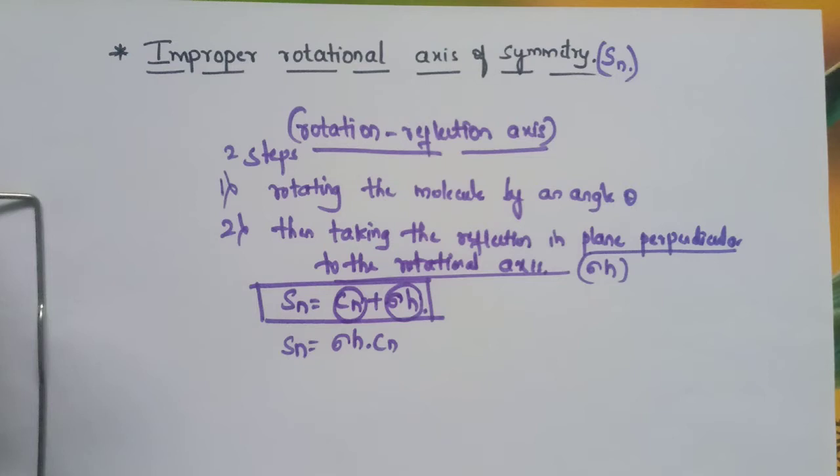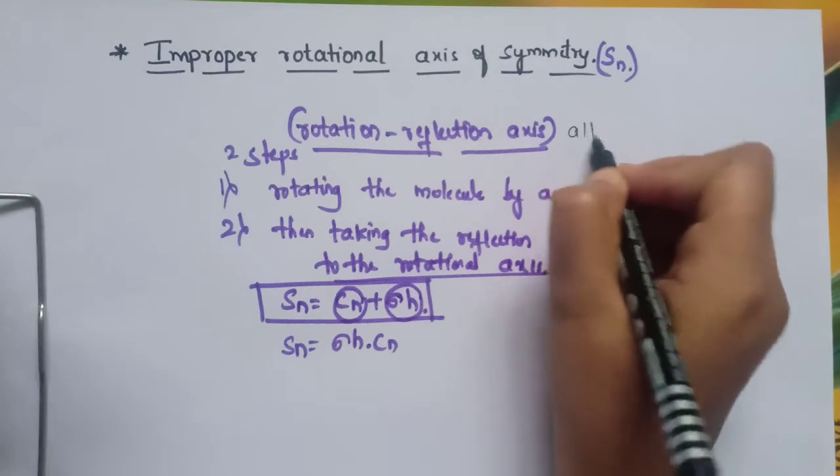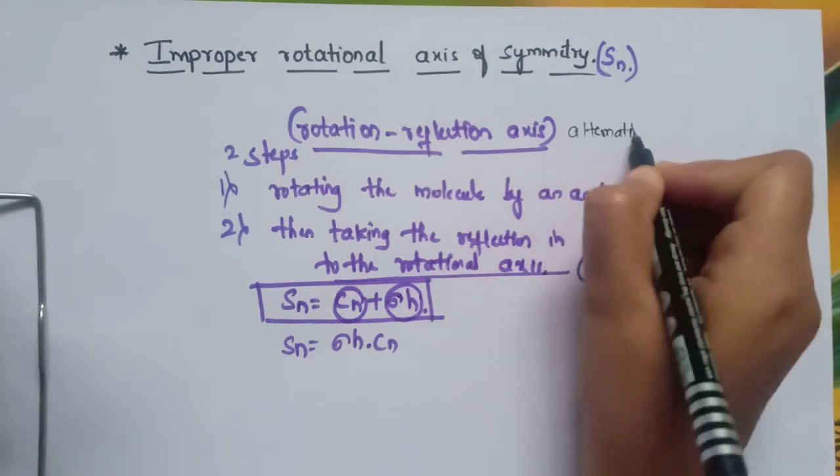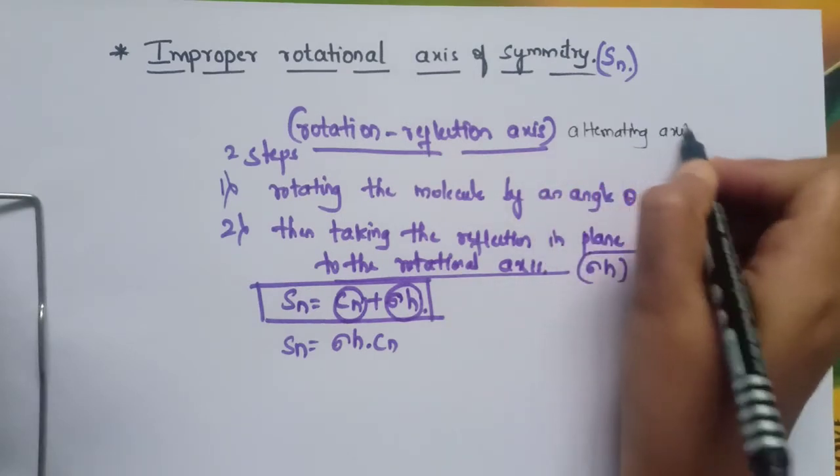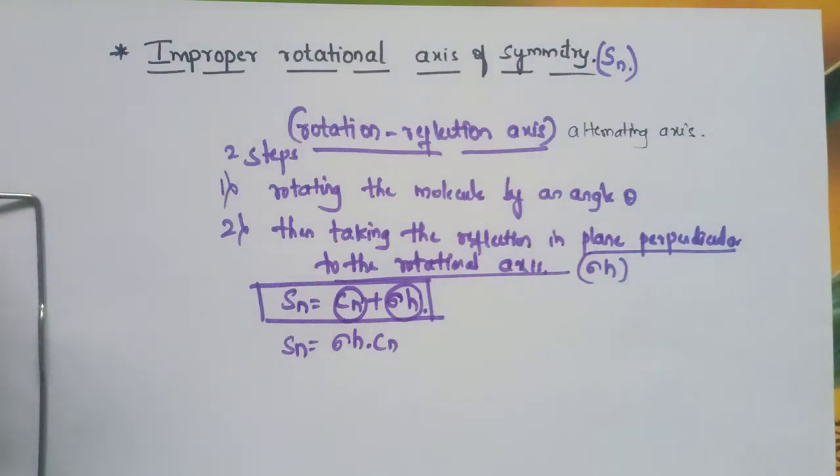It is also called rotoreflection axis, or alternating axis. By taking examples we can understand it better.